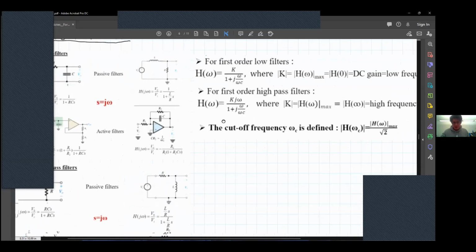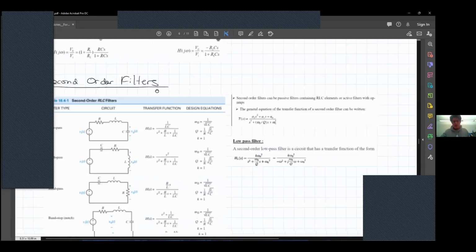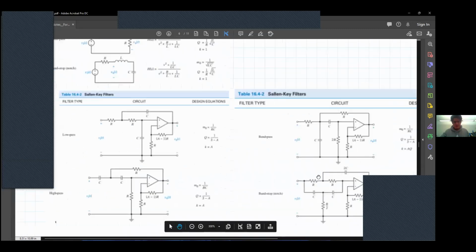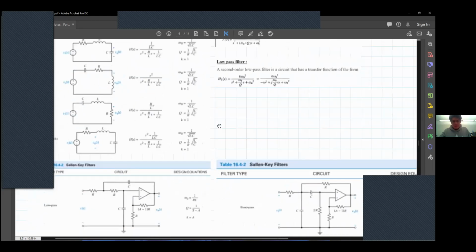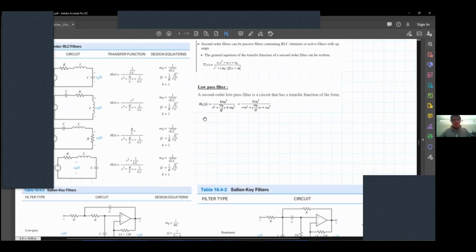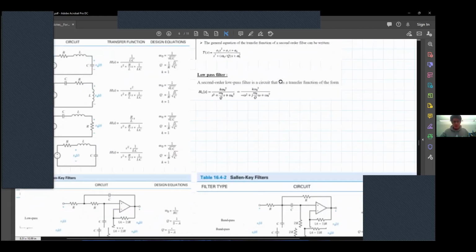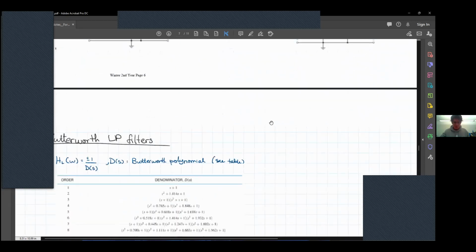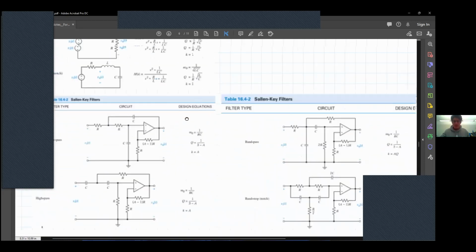And for second order, they have either full-on RLC components, or they have active components like operational amplifiers. They have transfer functions of second order. And the reason we would want to use a higher order filter, I'll show that now using a Bode plot.